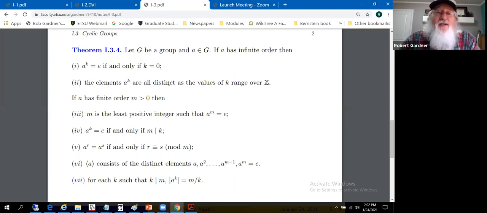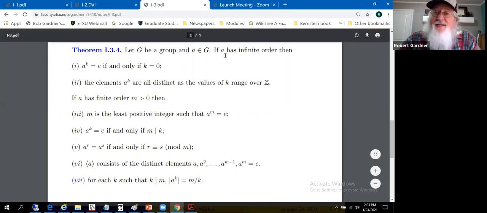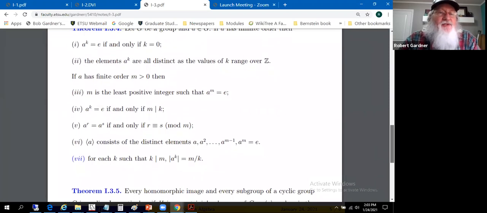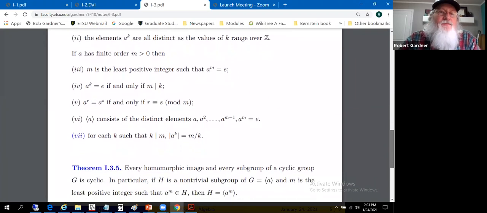You might see how those are rather closely related also. And think integers. You're perfectly justified in thinking integers when I say infinite cyclic group, or multiples of the integers, which is isomorphic to the integers. Up to isomorphism, you're good thinking integers.